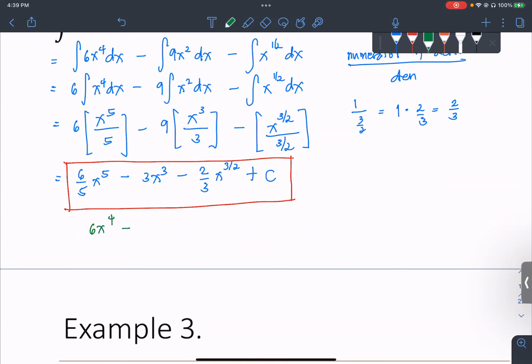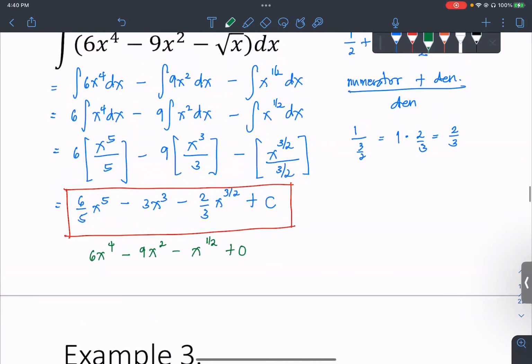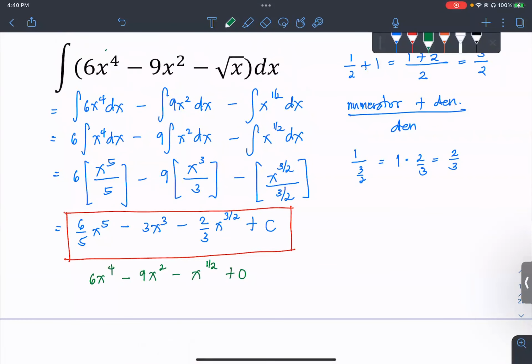Minus 3 times 3, it's 9. X, 3 minus 1, it's 2. Minus 3 over 2 times 2/3, 1. Then x, 3 over 2 minus 1, it's 1/2. That's 0. So which is this one: 6x to the 4th minus 9x squared minus square root of x.